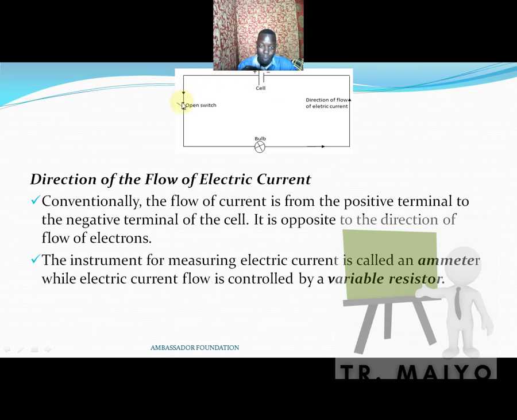So those are the two. If there are no electrons flowing, there is no current flowing. They are flowing in opposite direction. Again, we call it in biology or in science counter current flow. Anyway, that is it. Get it very well. When the switch is open, the bulb will not light.